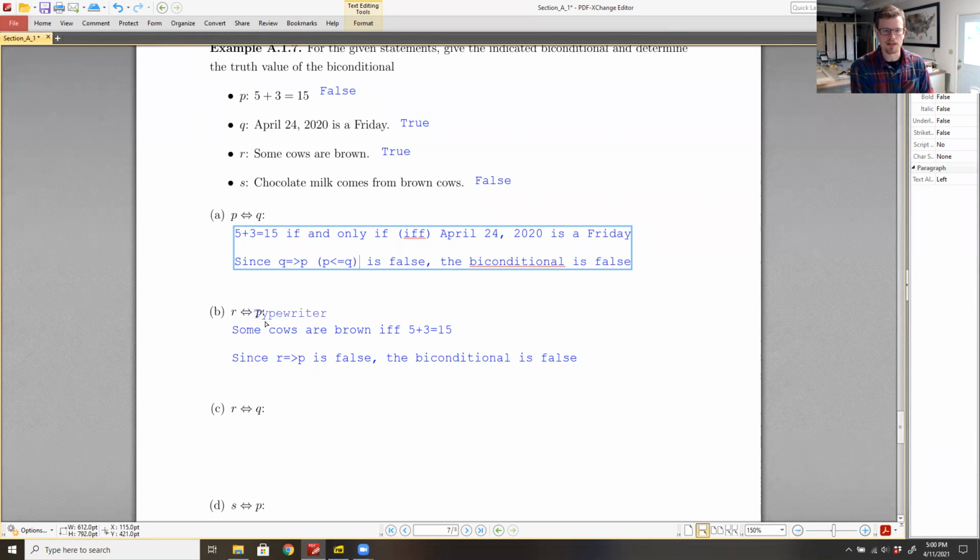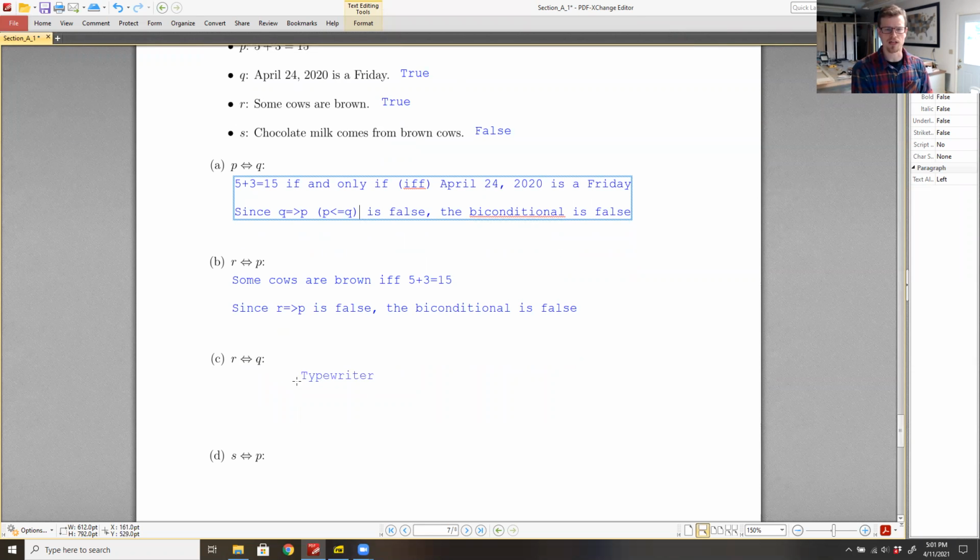And this one was already in that order, so that's good as well. I typically call P implies Q the forward direction and Q implies P the reverse direction, because we have the two directions, forward and reverse. We need to check both of those conditional statements. So the reverse conditional Q implies P is false here, and in this case R implies P is false, giving that the biconditional is false.